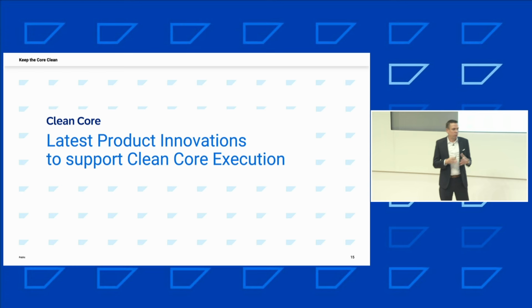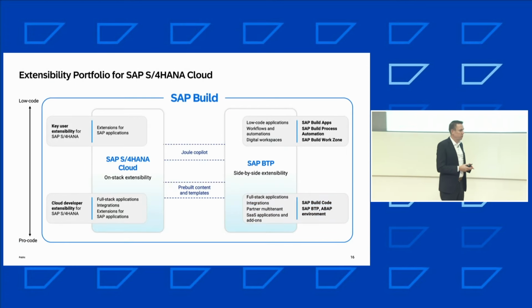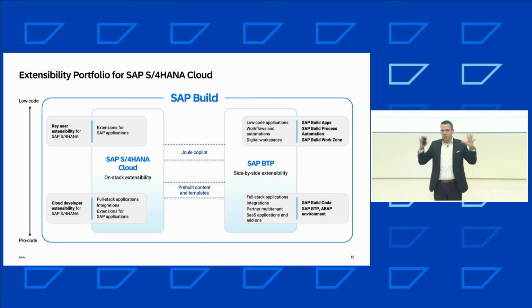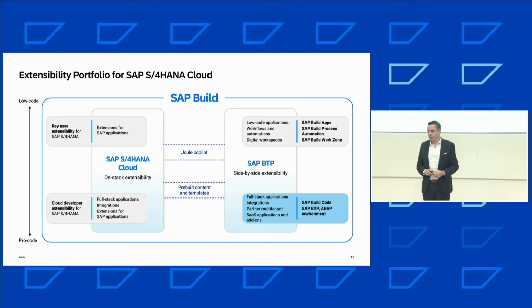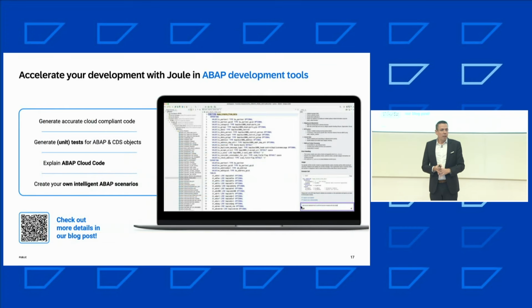Additionally, I would like to touch very briefly on some of the product innovations that help you along your clean core journey. And if you remember the entire build spectrum, I will focus now on the Pro Code part, which I explained yesterday already. Just last week, we released Joule in ABAP development tools.